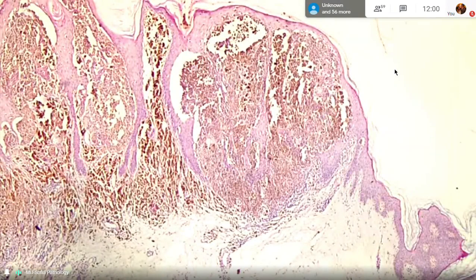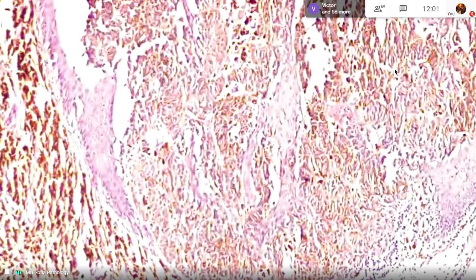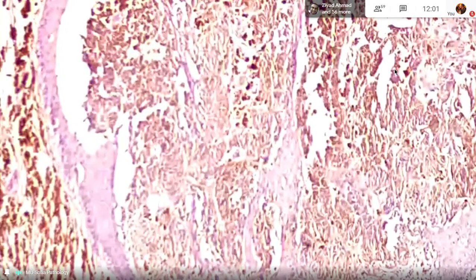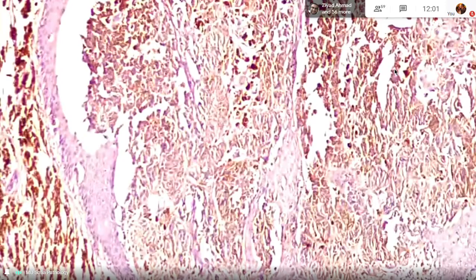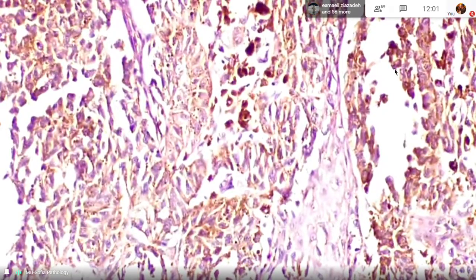For some of the slides that have a lot of pigment, it's really very difficult to see the details. But this is not this case. I think that we can see. What is interesting for melanoma, because some of the melanomas will not produce melanin, they are called achromatic melanomas.